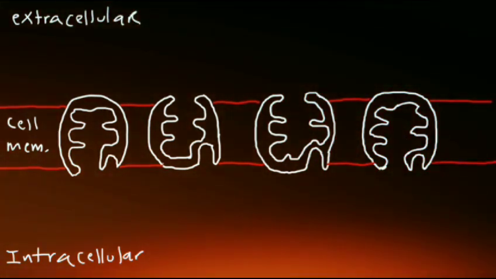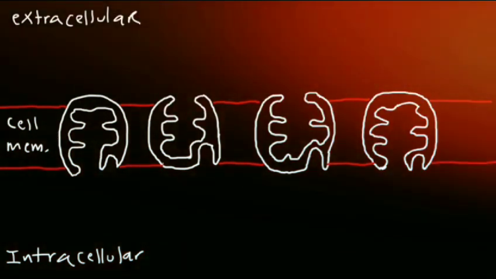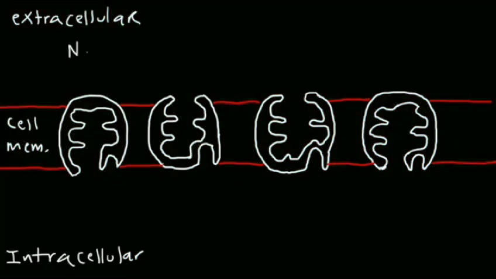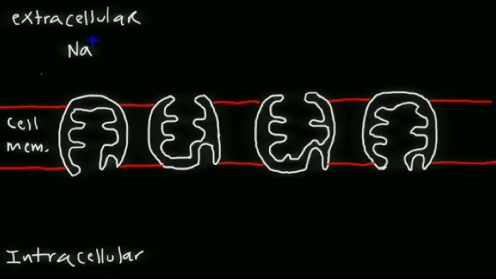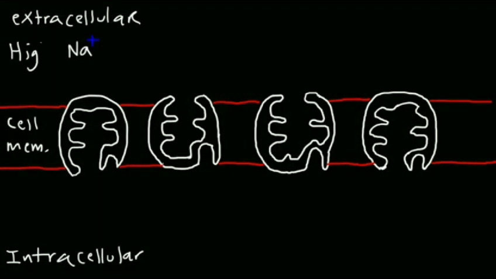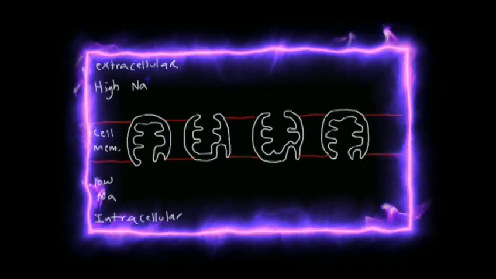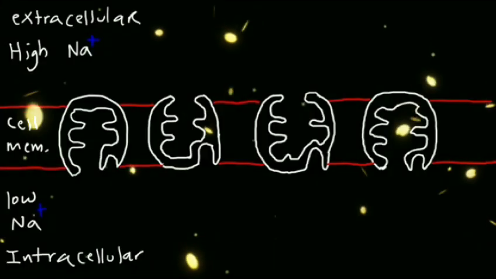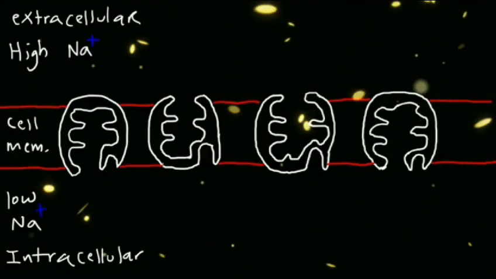Now, the concentration of sodium ions outside of the cell is very high. The cell tries to keep the concentration of sodium ions low inside of the cell. And the reverse is true for potassium.